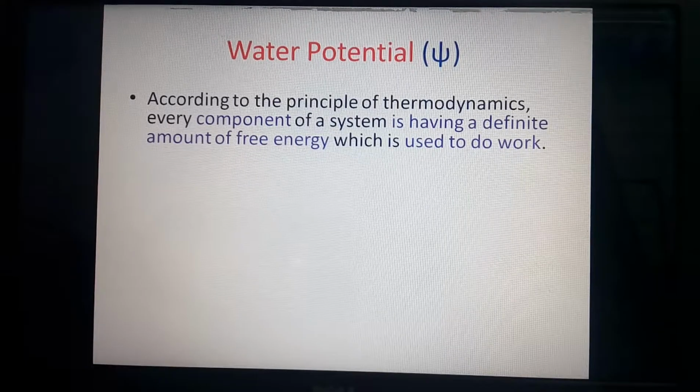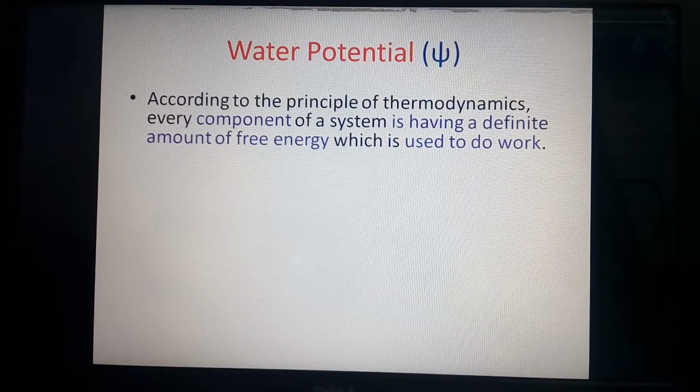Every component of a system has a definite amount of free energy, and this free energy is used to do work. So it can be applicable for the movement of water also.